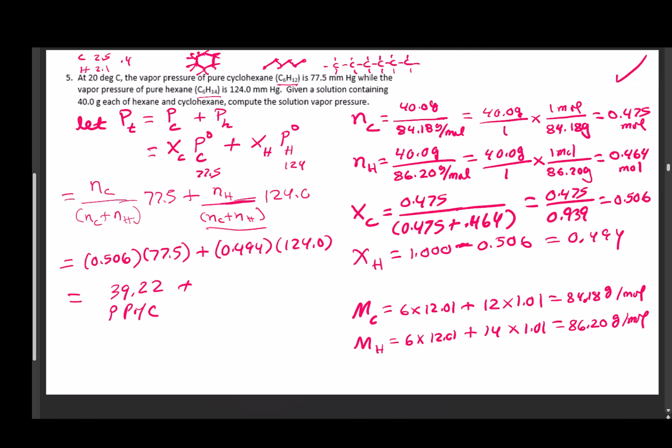It's how much pressure the cyclohexane is exerting in that space above the liquid. And this second number here would be the partial pressure of the hexane.